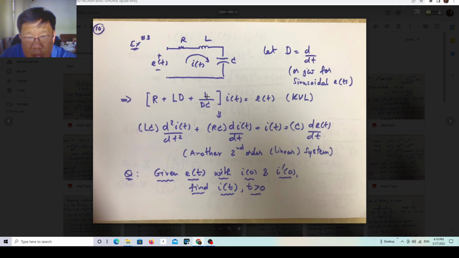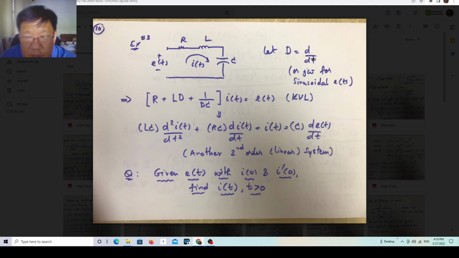The last part is the capacitor. The voltage across any capacitor is simply 1 over C times the integration of i dt. But what does the integration mean in relation to the differentiation? As you might know from basic calculus, integration is the inverse of the derivative.